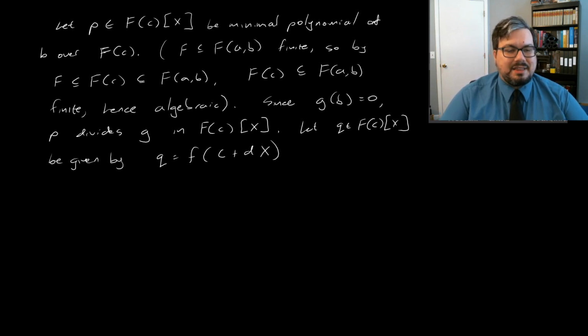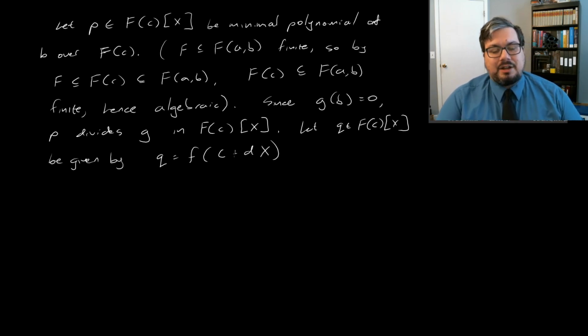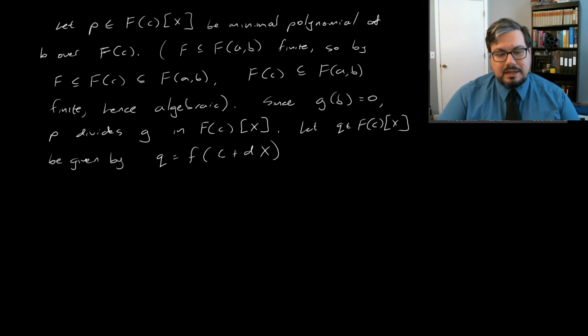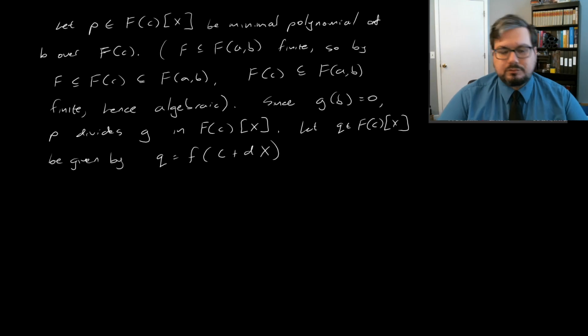Where we just take the polynomial f, which remember was the minimal polynomial of a, and replace all of its variables x with the expression c plus dx. Now this will no longer belong to f adjoin x, but it will belong to f adjoin c, because c and d both belong to f of c.